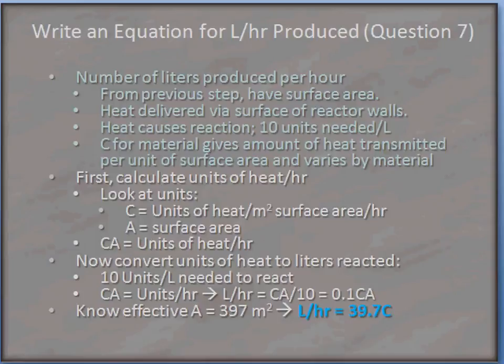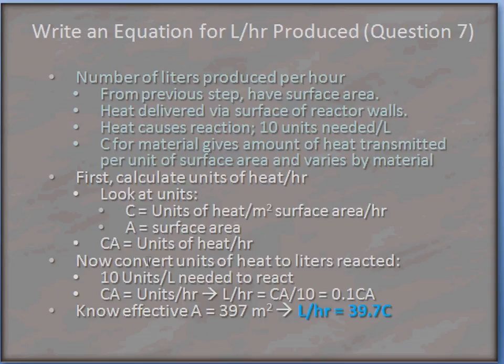First, we write an equation for the number of liters per hour produced. Recall that we have the surface area A, as well as C, the number of units of heat per meter squared surface area per hour for each material. So C times A will give us the units of heat per hour transmitted for a given material.